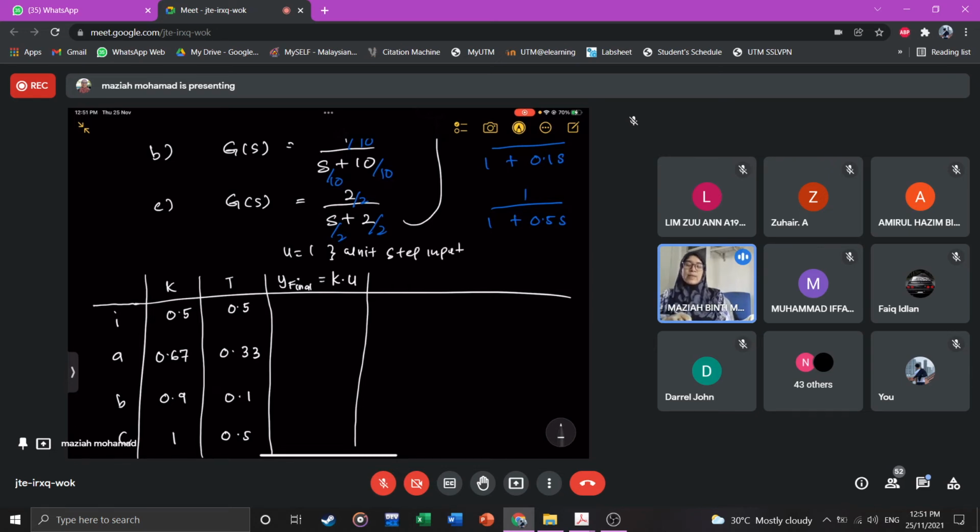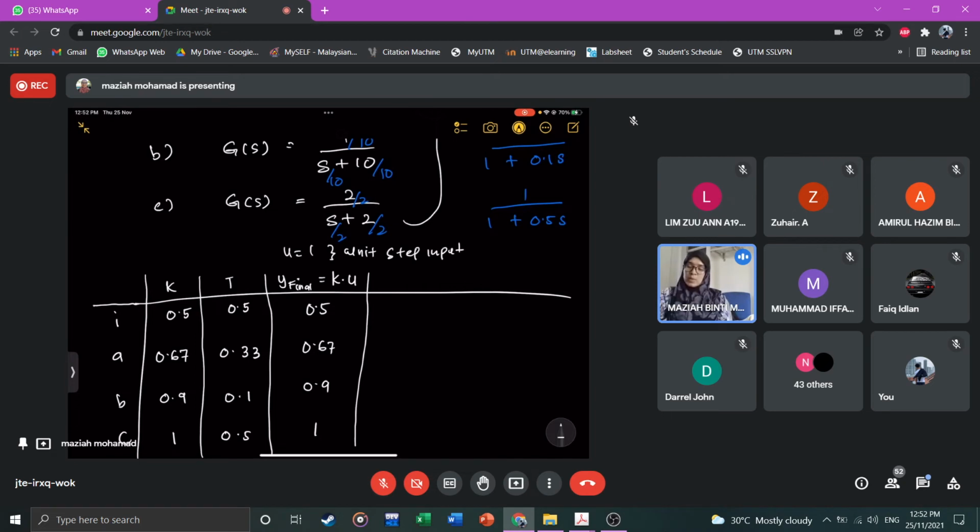So we can calculate Y final. Because the unit step input is 1, it is basically the K value only. So it is 0.5, 0.67, 0.9, and 1. Meaning after reaching steady state, it will stabilize at this value.